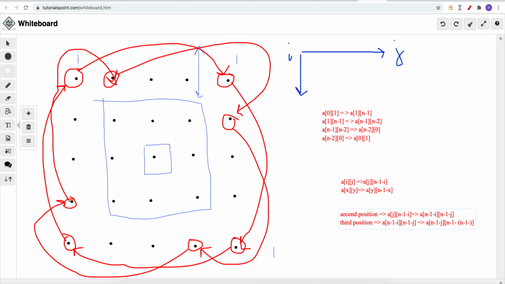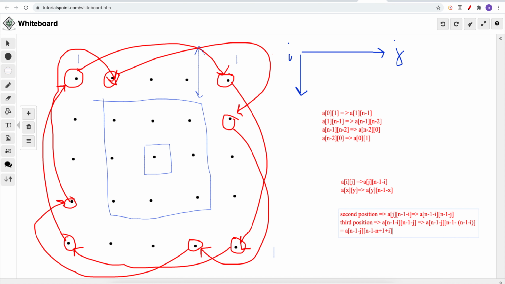So if I open this formula, it will be something like a of n minus 1 minus j of n minus 1 minus n plus 1 plus i.